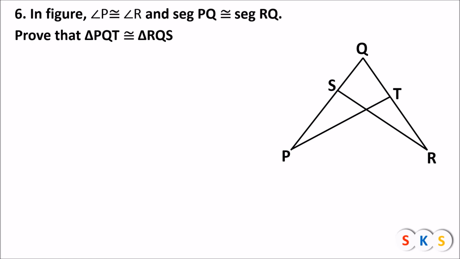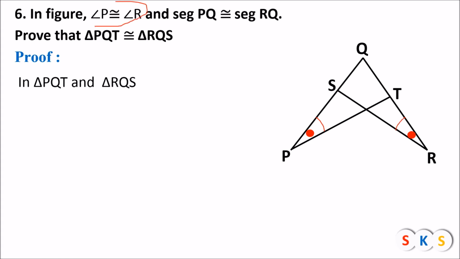Here angle QPT is congruent to angle QRS, right? How did we come to know? You can see the given part. It is given that angle P and angle R are congruent. So I can say angle QPT is congruent to angle QRS.